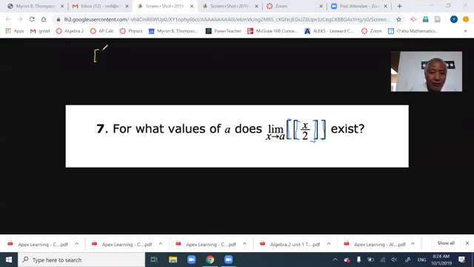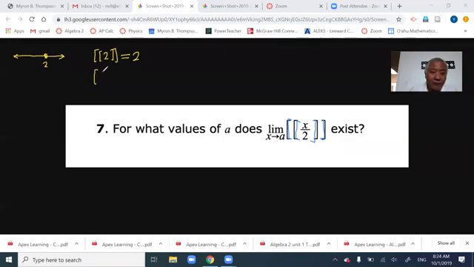For example, if you have 2, what does the greatest integer function equal? 2. Because we need to find the greatest integer possible that is less than or equal to 2, and 2 is an integer, so you pick 2.